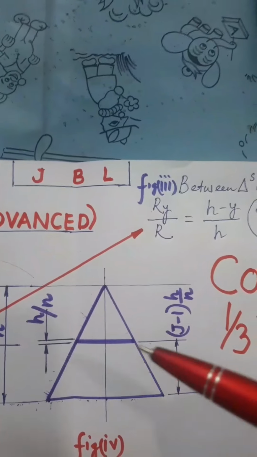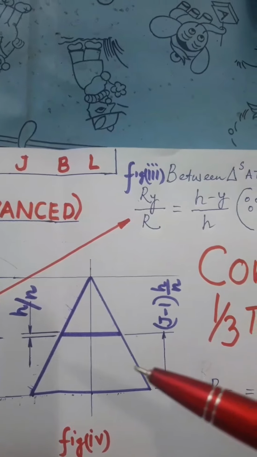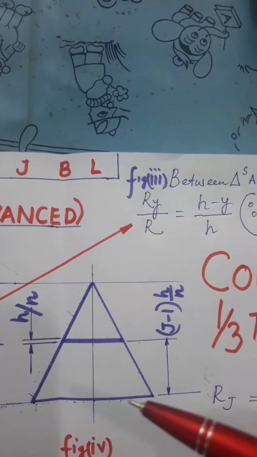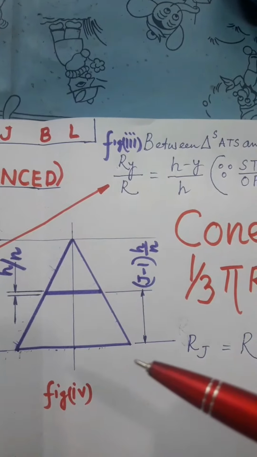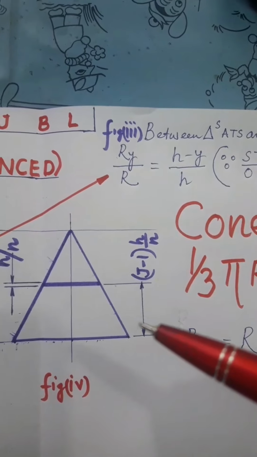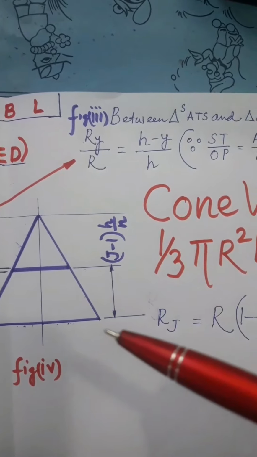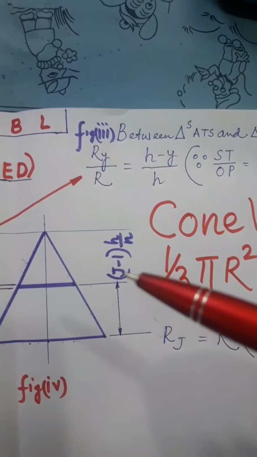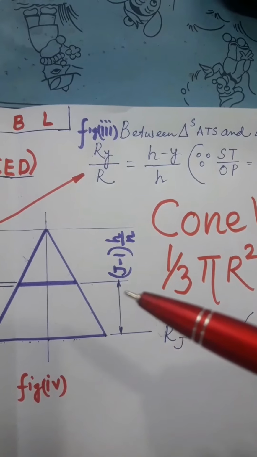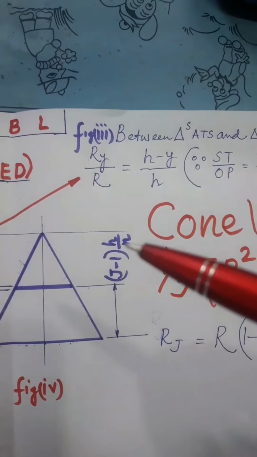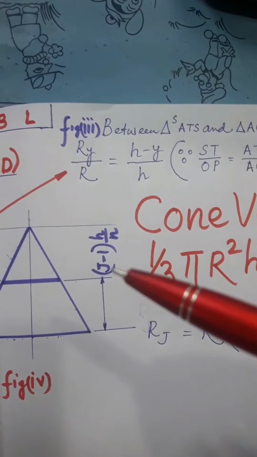And now let us consider the jth disc, sequentially the jth disc from the bottom. So since it is the jth disc, naturally there are j minus 1 discs beneath it, so it sits on a stack height of j minus 1 discs, each h by n thick. So the stack height is (j minus 1) into h by n.